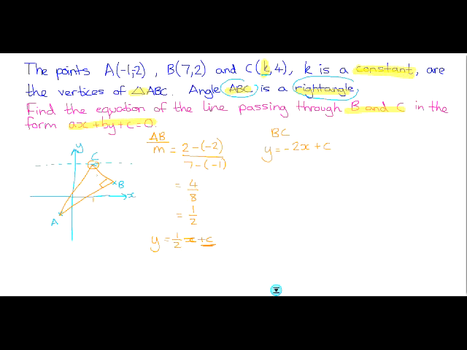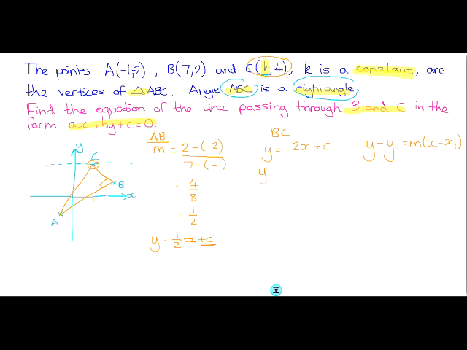Right, I'm going to need to substitute this into the equation. So I'm going to actually need to finish this off here. So when I substitute the y value to be 4, I should be able to get my x. So I have the gradient, so I'm going to use the new formula you should be quite happy with now, which is this one. It's much easier than the normal y equals mx plus c.